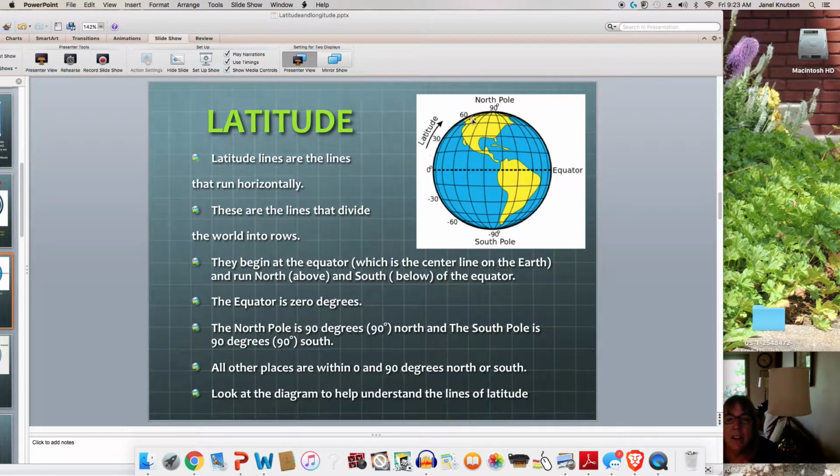They don't always say every single latitude line on here. Can you imagine how many tiny lines we'd have to have, 0 all the way to 90? 90 lines on there would be pretty confusing for our brain. So they skip a bunch. They say 0. They show 15. But they don't say it over here. I can figure it out though, because halfway between 0 and 30 is 15. They show 30.